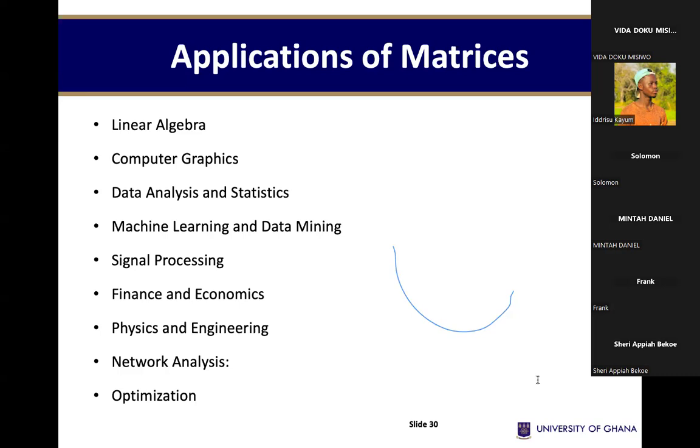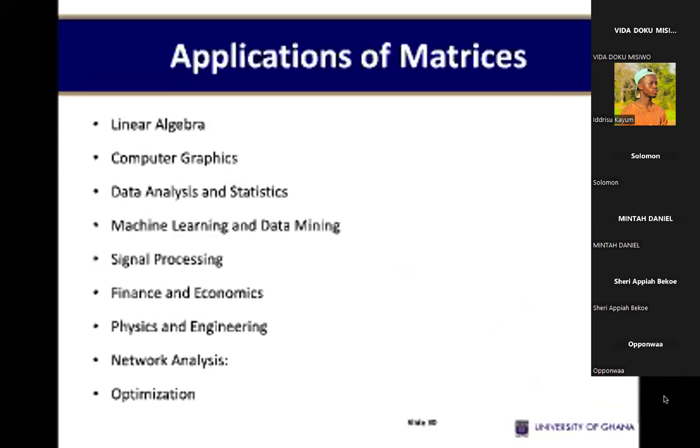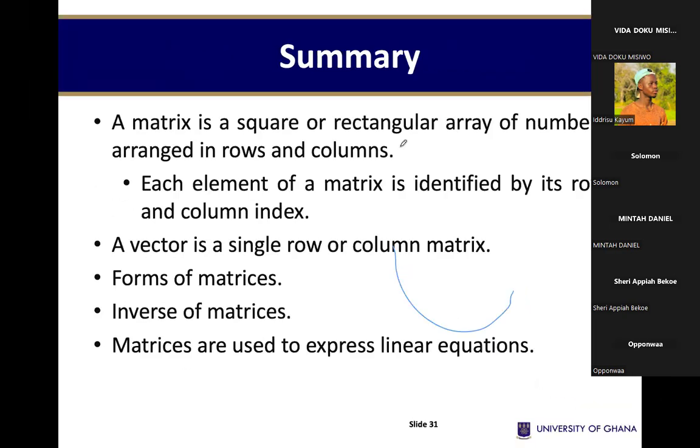In this case, we use matrices to represent optimization problems, basically like mathematical or statistical modeling. Matrix operations are also used in optimization algorithms, like multi-objective optimization functions, linear programming, quadratic programming, etc. So that's basically how matrices are applied.